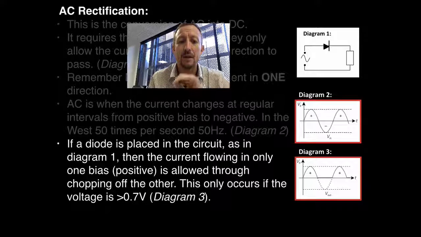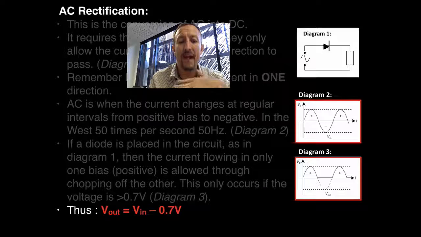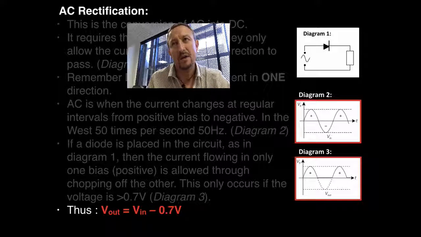Now what we need to understand is that the diode will only work if we've got 0.7 or higher volts of energy. So as a result, what we get is a line which is just above the top, and our voltage out at this point will be Vin minus 0.7 volts. Now that 0.7 can in most cases be quite minuscule, and as a result we don't even look at it.